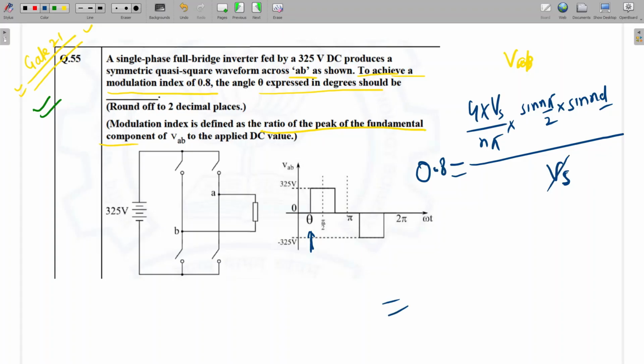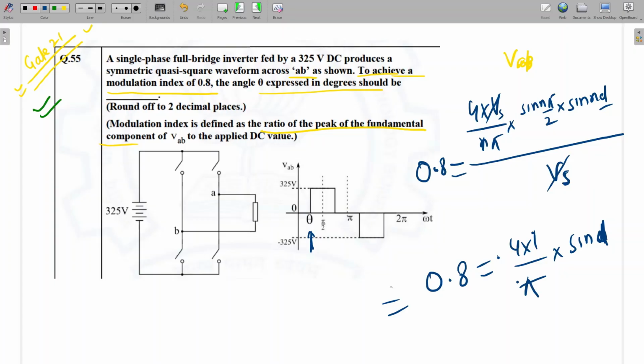So Vs will be cancelled. 0.8 is equal to, this n will be 1, here also it will be 1 for the fundamental. Okay, peak of the fundamental. So 4 into, okay, Vs will cancel now, 4 into 1 by pi, into sine d.